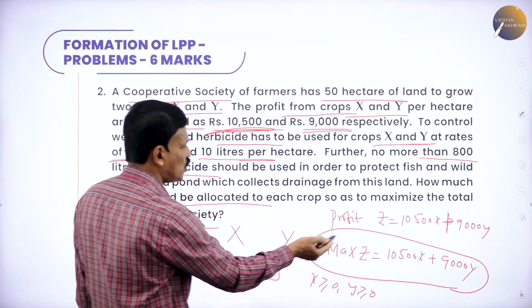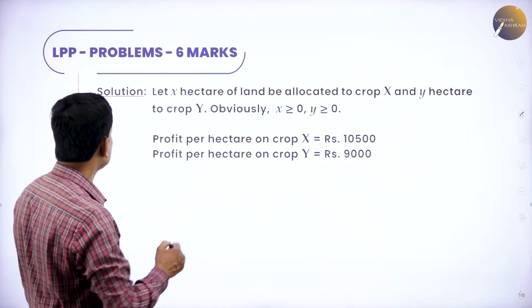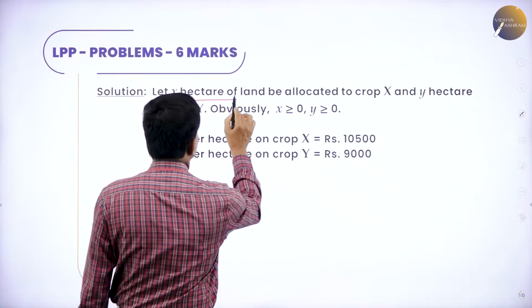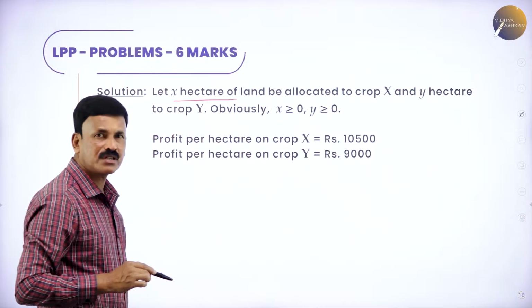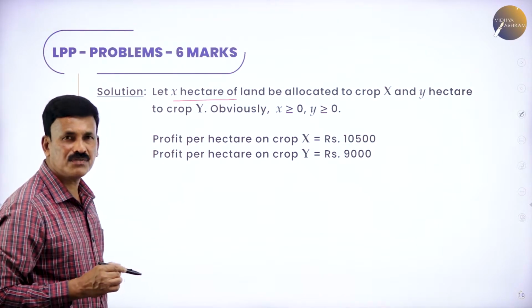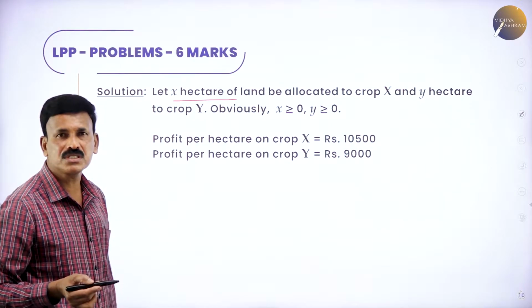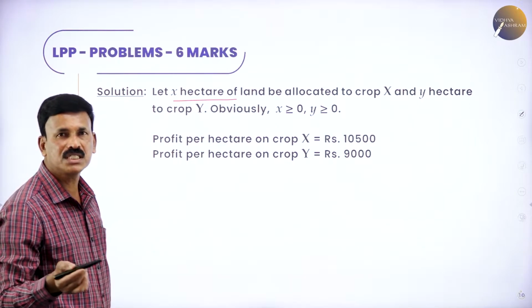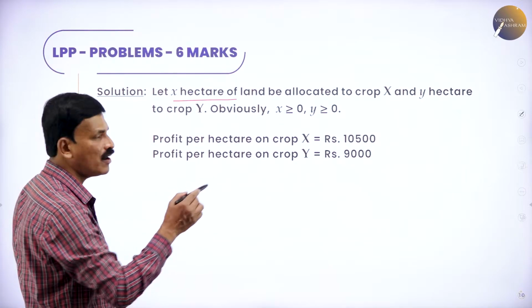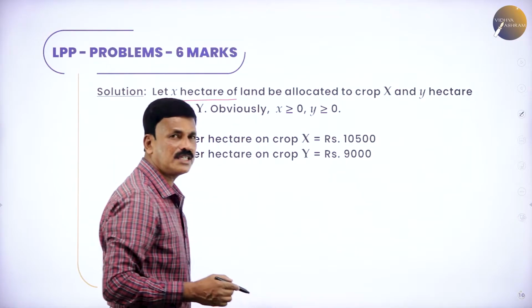Very simple. The objective function is to maximize the profit. Let x hectares of land be allotted for crop X and y hectares of land be allotted for crop Y. So obviously the non-negative restrictions are x is greater than or equal to 0 and y is greater than or equal to 0. The profit per hectare for the first crop X is rupees 10,500.